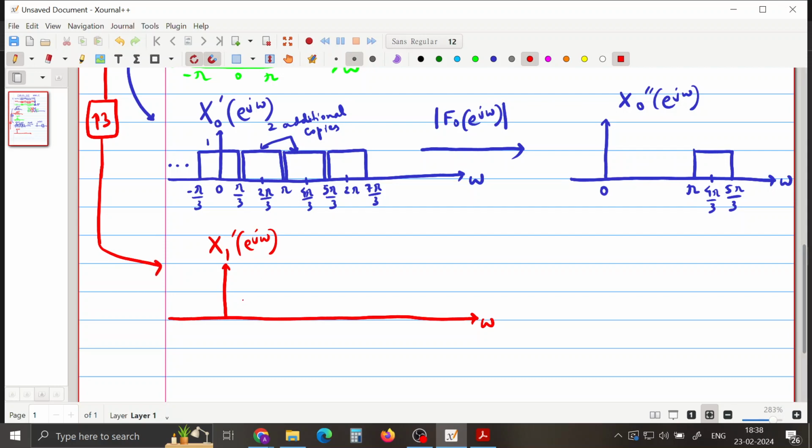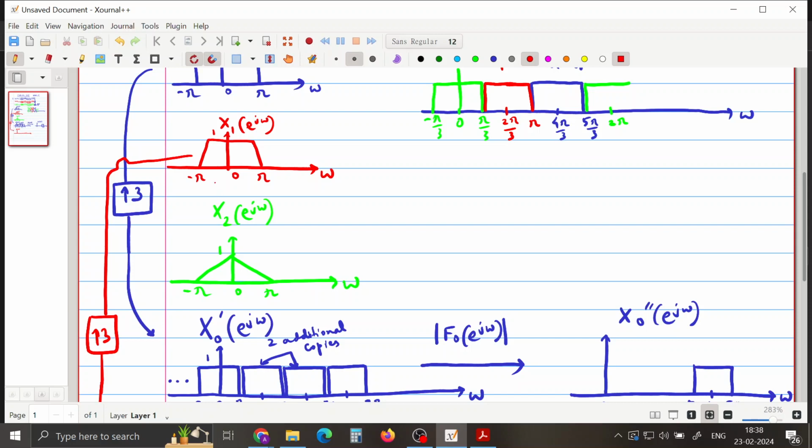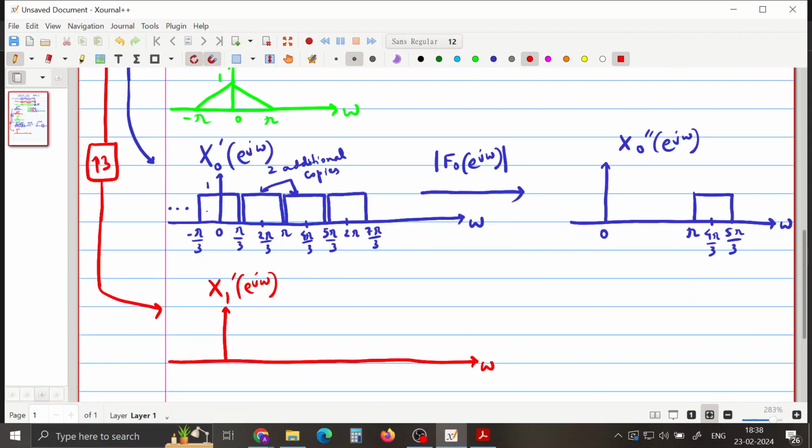So what does it look like? Same thing. This is from minus pi to pi, band limited to minus pi to pi. So now after upsampling by 3, those edges will get mapped to which points?